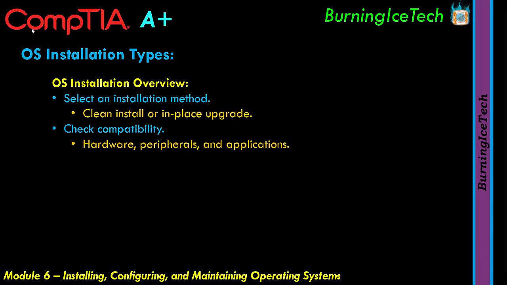Now, if you're upgrading, back up existing data and settings. You'll find that it's very unlikely that something's going to go wrong. I've been doing this for more years than I can count, and I've never had a situation where I've upgraded a machine and data got lost. But just because it has never happened doesn't mean it cannot happen.